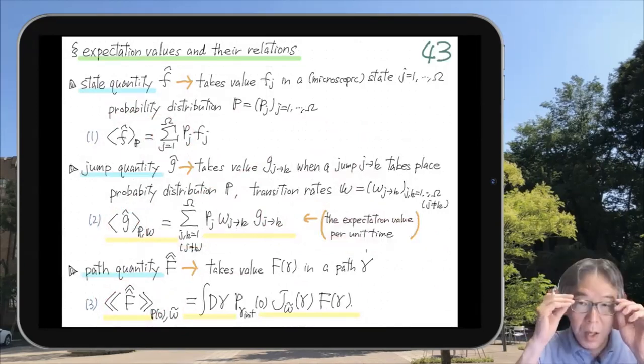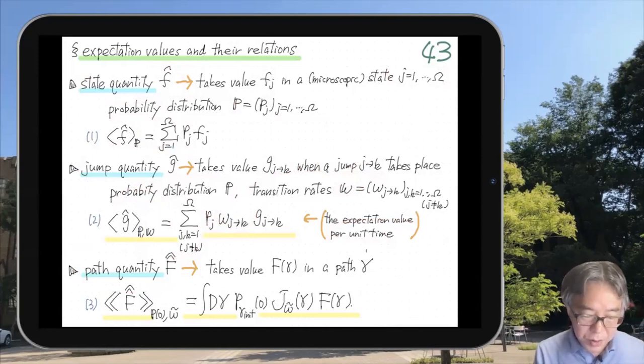Okay, finally, a path quantity. I think this is clear. A path quantity f double hat takes value f_Γ in a path Γ. It's very similar to this one. Instead of a state we have a path, and this is the expectation value, and it depends on the initial distribution and omega tilde, which is the whole set of transition rates.